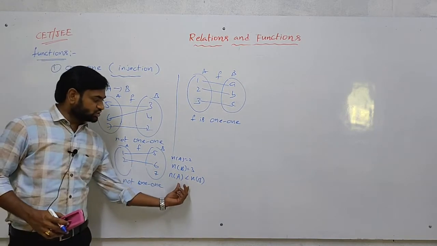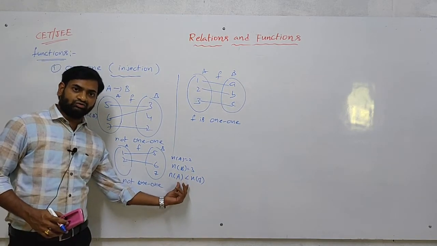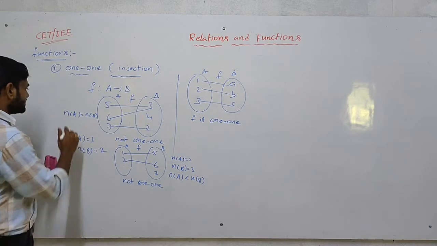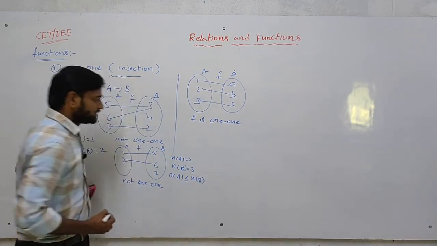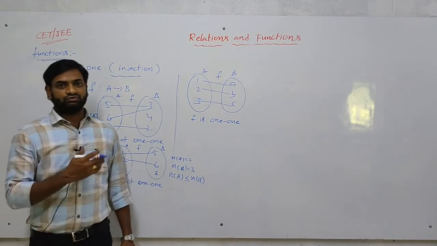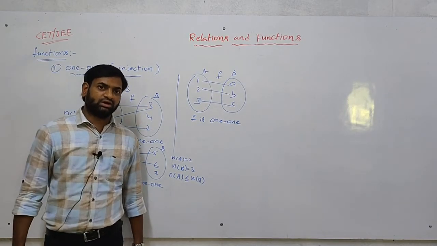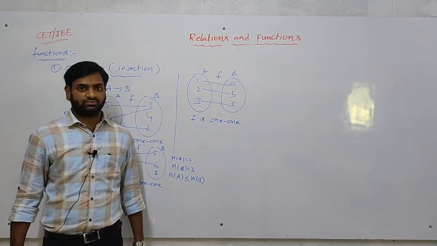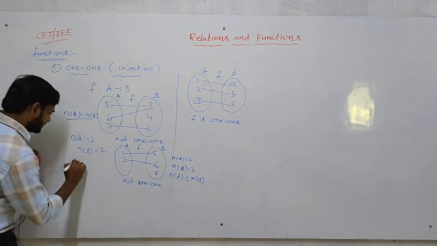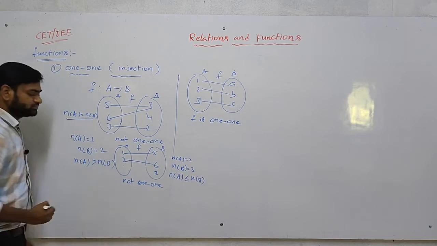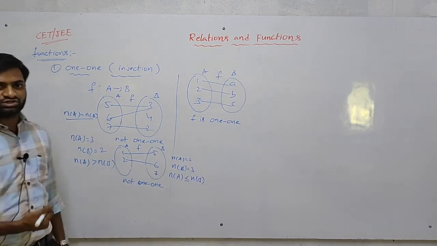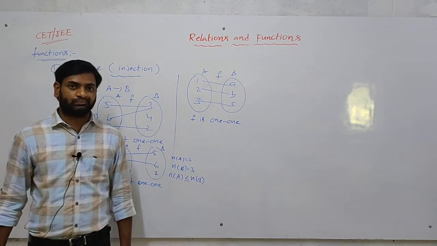So in this case also we can form 1-1 functions, and in this case also we can form 1-1 functions. That is, when n of A is less than or equal to n of B, then we can form 1-1 functions. So when n of A is greater than n of B, then the number of 1-1 functions is 0.